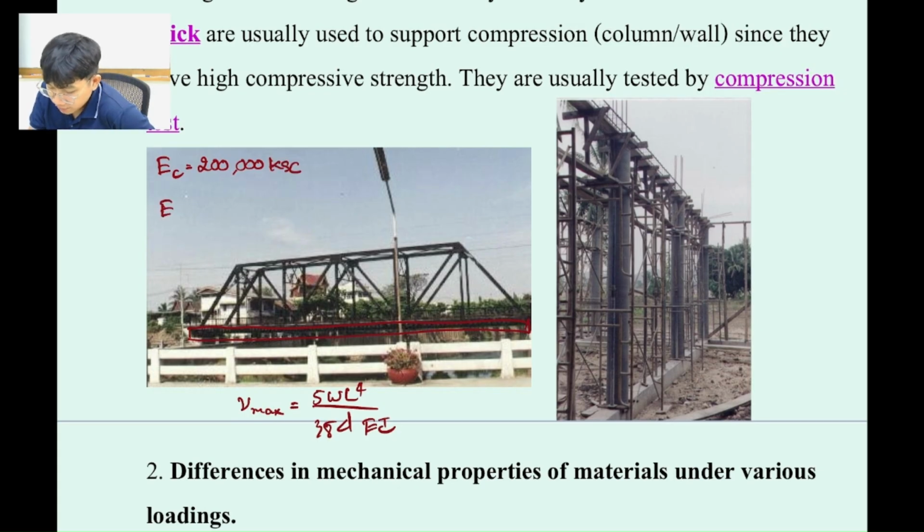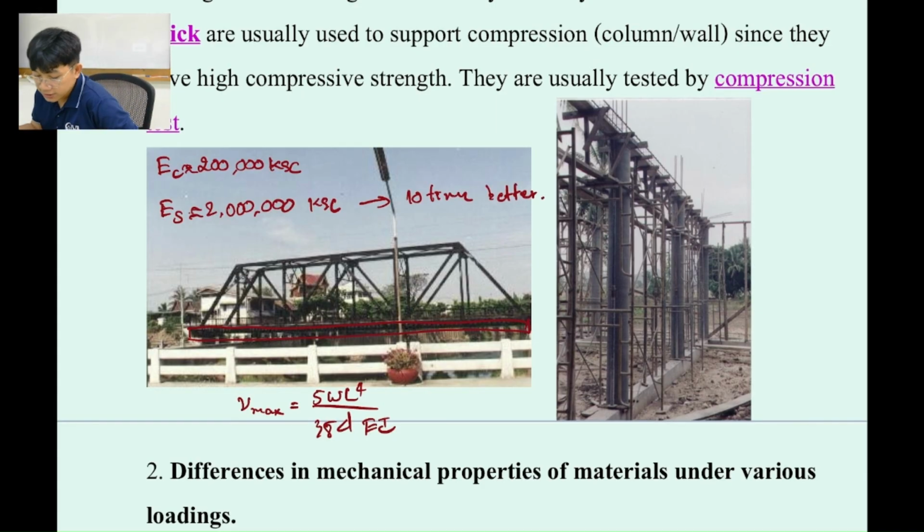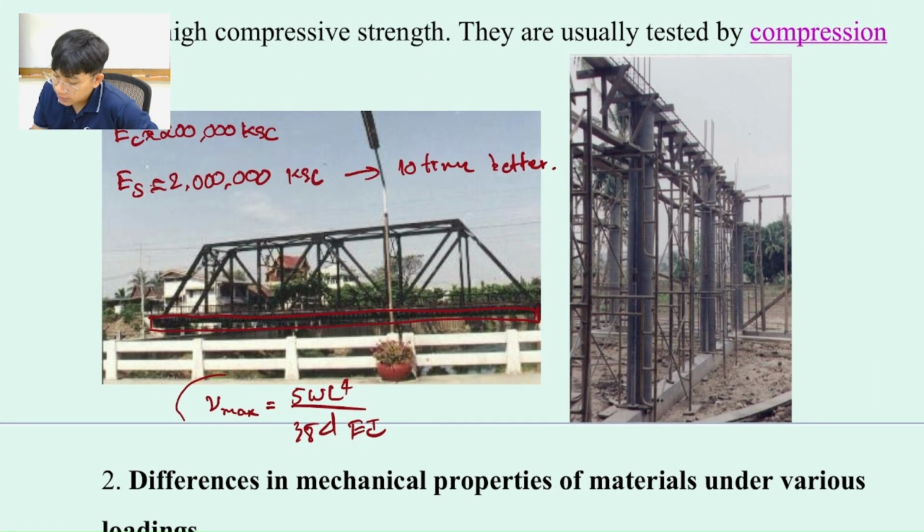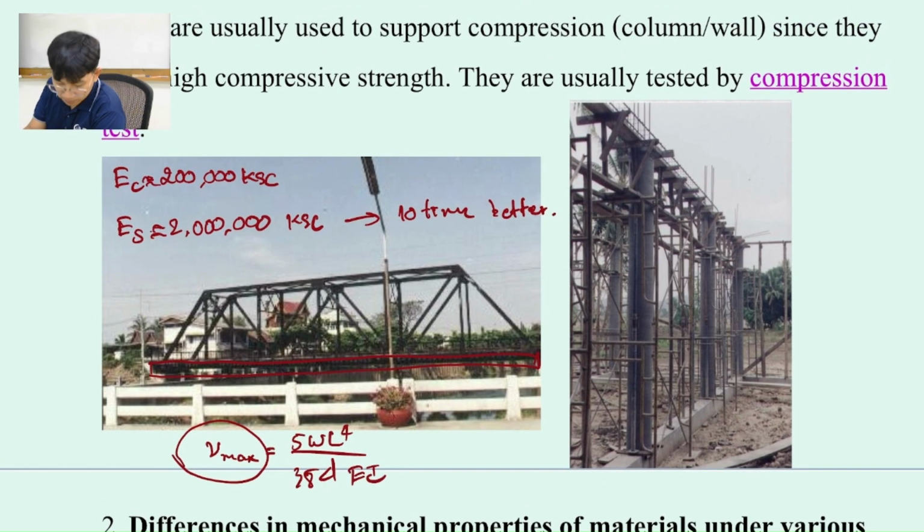But the Young modulus of steel is approximately 2 million KSC. So it's still going to produce 10 times better stiffness, which means it can reduce the deflection by 10 times. Okay, if you compare it.